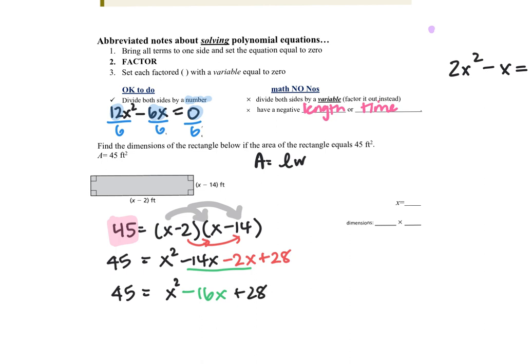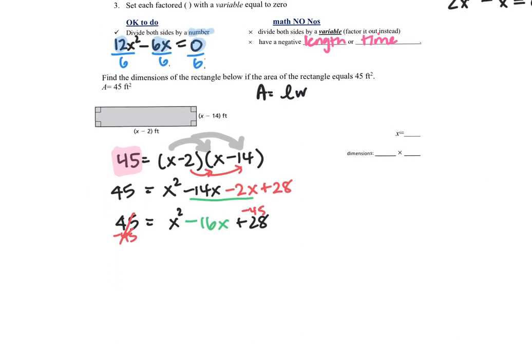Well, we don't want to factor that because the whole point of it is to bring all the terms to one side and set it equal to 0. So I'm going to bring that 45 over by subtracting 45 from both sides. Okay? And we want to combine like terms, so I'm going to subtract the 45.